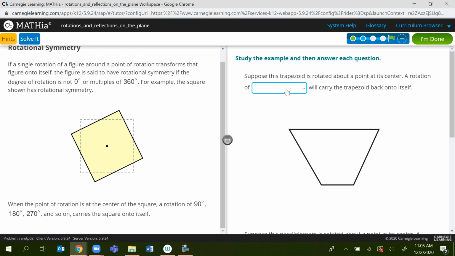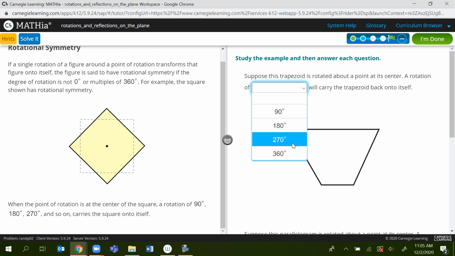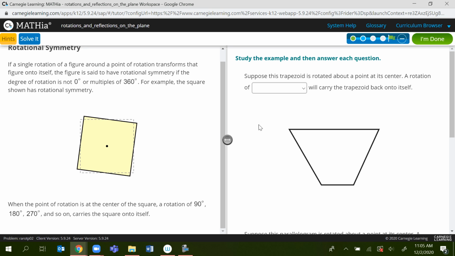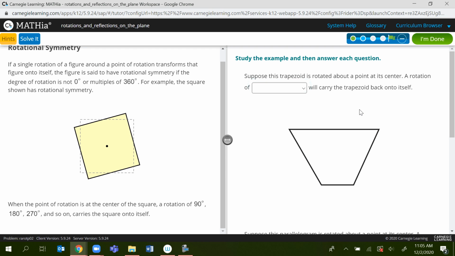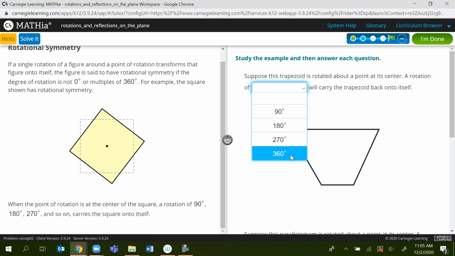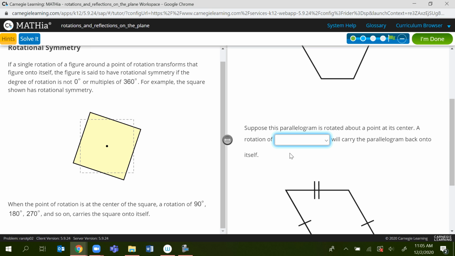So not there either. 270 is sort of an iteration of 90, where my long edge is either going to be facing this way or this way, depending on which way you rotated. So not 270. The only way we can rotate this trapezoid so that it is exactly the same again is if we went all the way around 360 degrees.